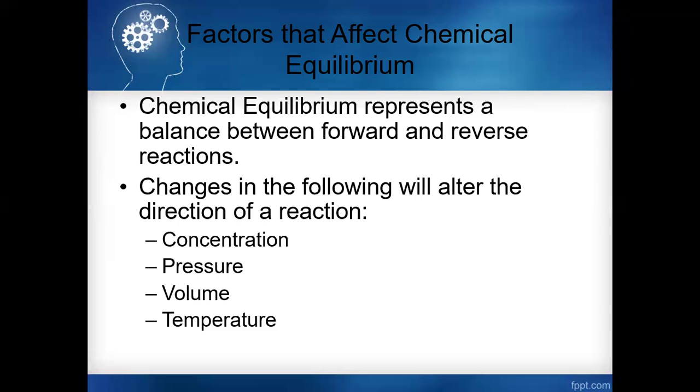Remember, I said to you, when the reaction reaches equilibrium, there will be a disturbance. So what will be that disturbance? How do we introduce a disturbance? These are four factors that are going to disturb that chemical equilibrium. If you change the concentration of the products, or the concentration of the reactants, you are going to disturb equilibrium. If you change the pressure in the vessel, you are going to affect the equilibrium.